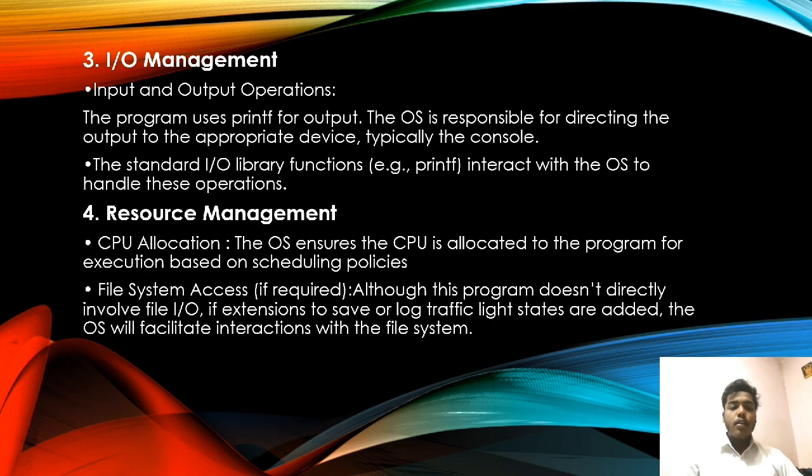Resource management, CPU allocation. The OS ensures the CPU is allocated to the program for executing based on scheduling policies. File system access, if required. Although this program does not directly involve file input-output, if extensions to save or log traffic light states are added, the OS will facilitate interactions with the file system.